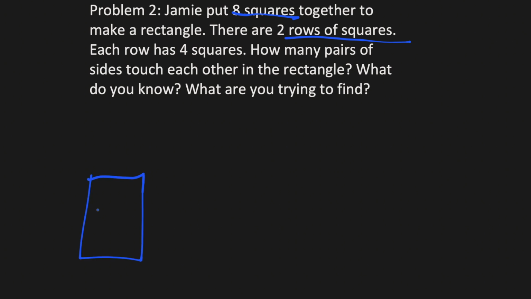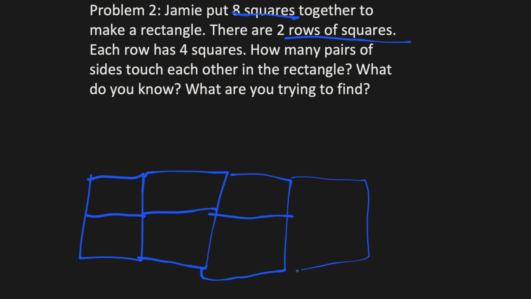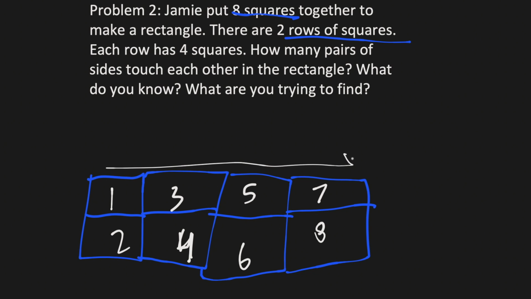It looks better if I draw it. Okay, so we have 2 squares, 4 squares, 6 squares, and 8 squares. There. So we have 1, 2, 3, 4, 5, 6, 7, 8. And 8 squares with 2 rows of squares. So we figured that out.